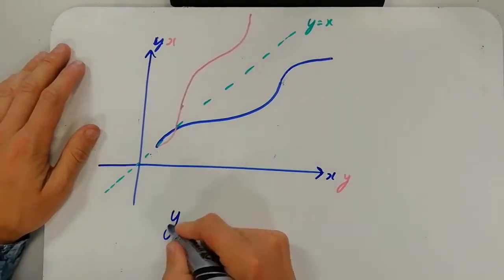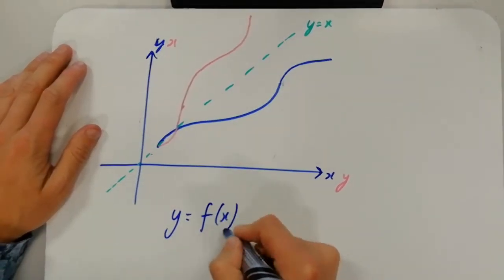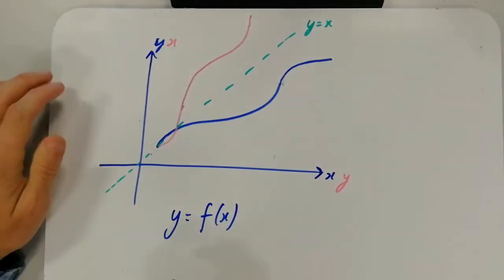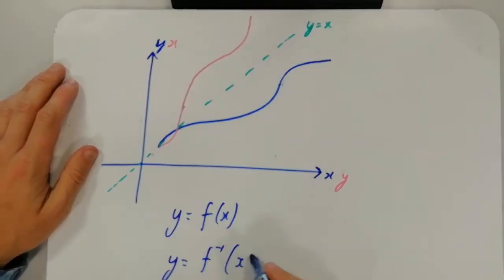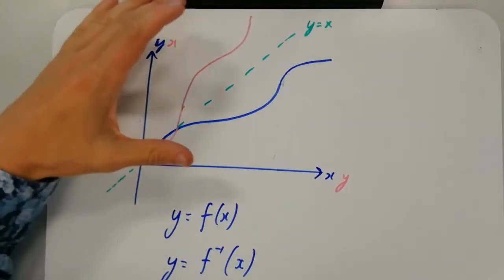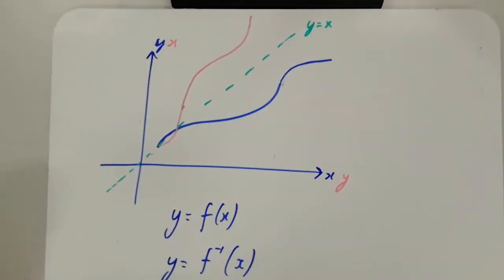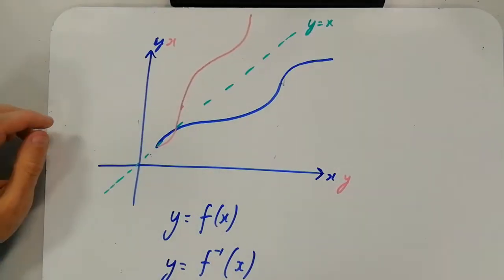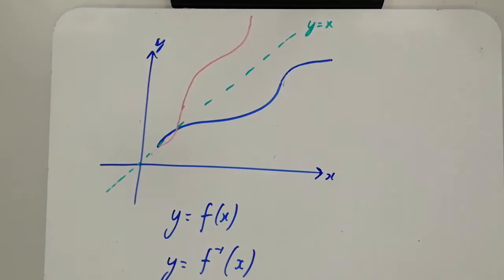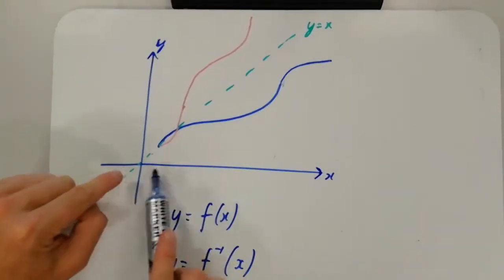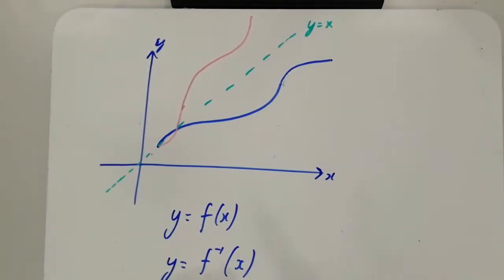So just like we usually plot y equals some function of x, it would be convenient if we also plotted y equals the inverse function of x. So we get that idea that we can reflect in the line y equals x to see what the graph would look like. However, we're not actually going to change the names of these axes. We're going to relabel them, so we just have the standard convention, the horizontal will be an x, and then we can define the inverse function also in terms of x.